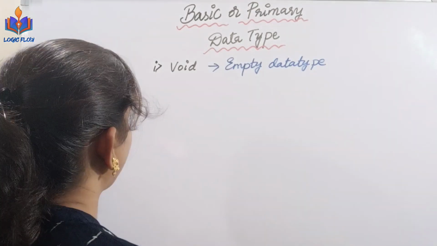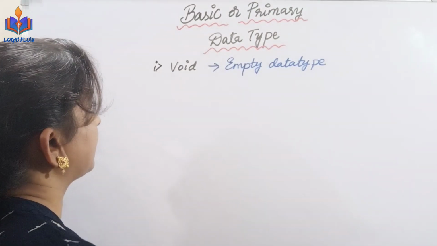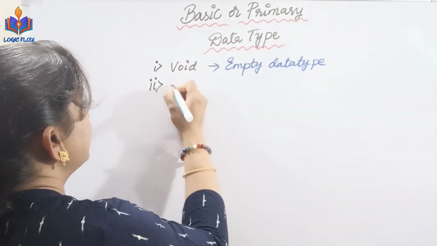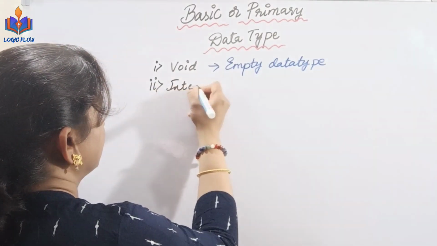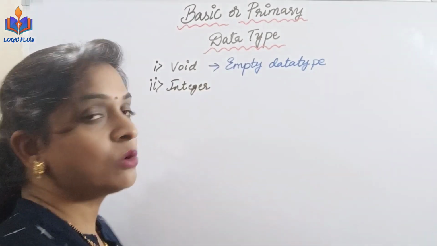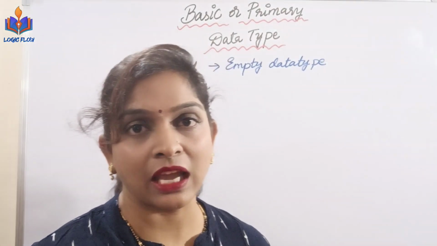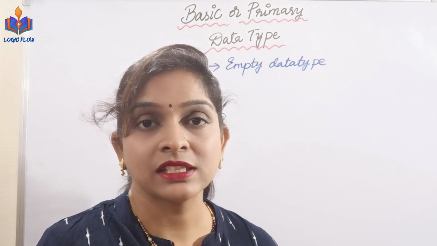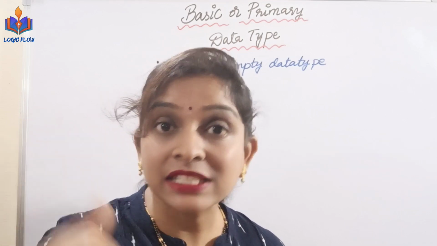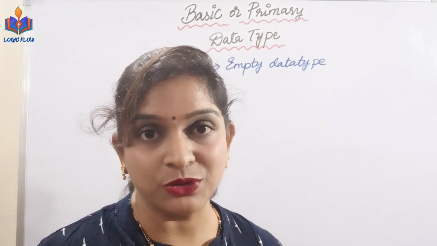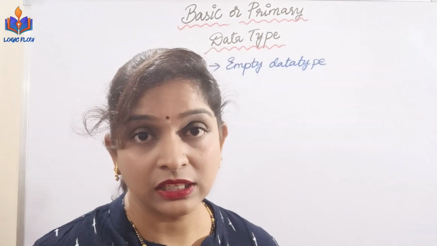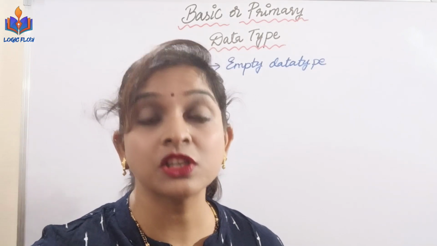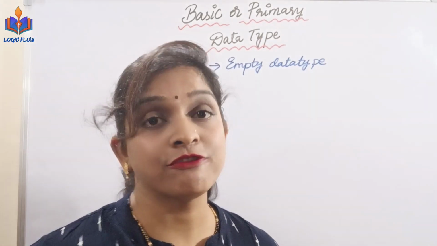Then the next fundamental data type is the integer data type. When I say integer data type, it is the data type that can accept integer type of values, the whole numbers. Every data type will have its own keyword, storage capacity, and format specifier.